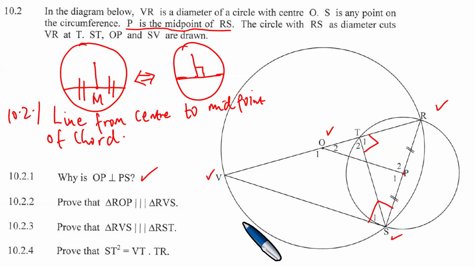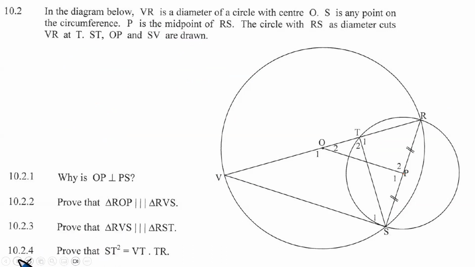Okay, let us look at question 10.2.2. Prove that triangle ROP is similar to triangle RVS.